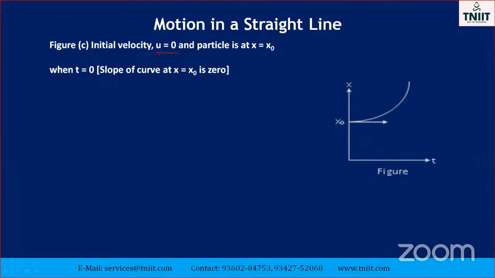Initial velocity is 0, but the position is not 0. Position is having some x naught. So if I say this is origin, you have to take the position x naught.